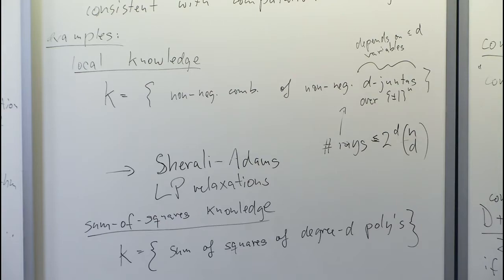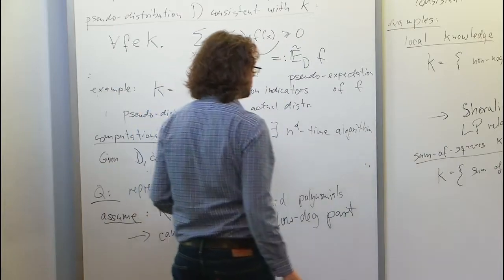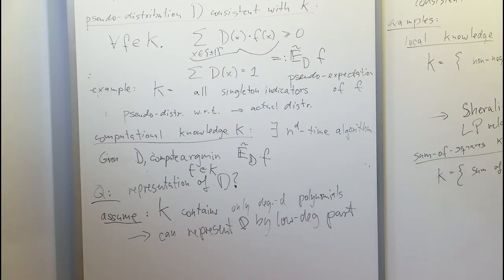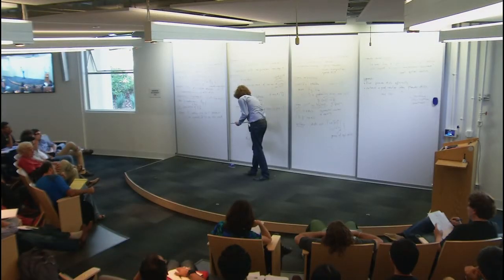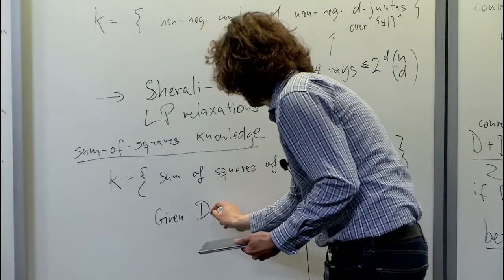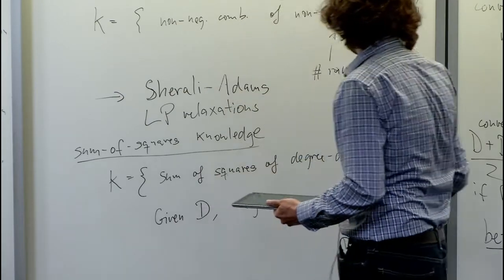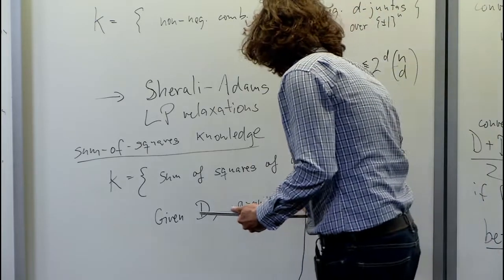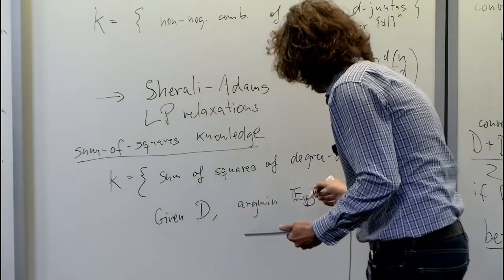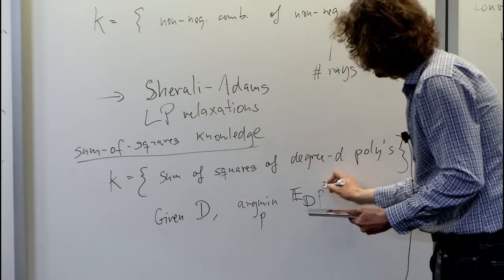Now, why is it computationally efficient? So they have to look at this kind of problem, and basically this problem becomes: given some low degree polynomial D, where D is now, as we said here, low degree, you want to find the argmin of, we are interested in squares of low degree polynomials.